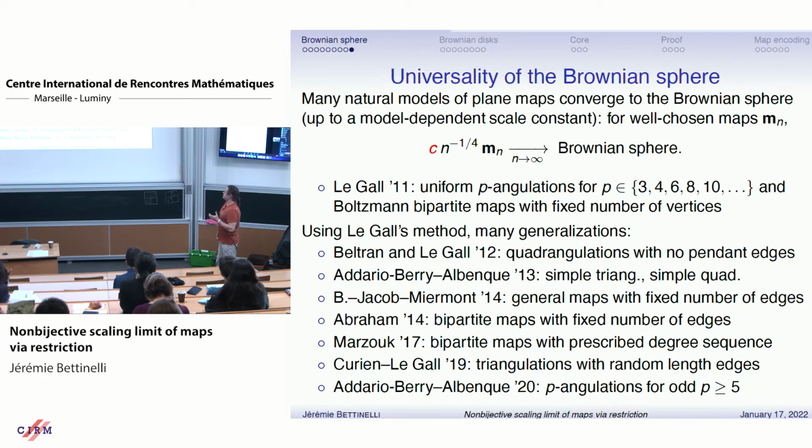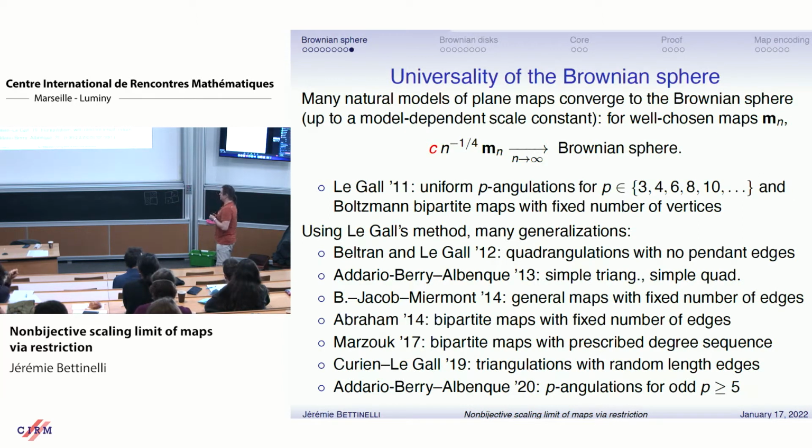If you haven't seen that before, you can think of the Brownian motion. If you take a reasonable random walk, it will always converge to the same object, the Brownian motion. So here it's the same idea, or the same kind of result. You take a natural model of maps, it will converge to this Brownian sphere.